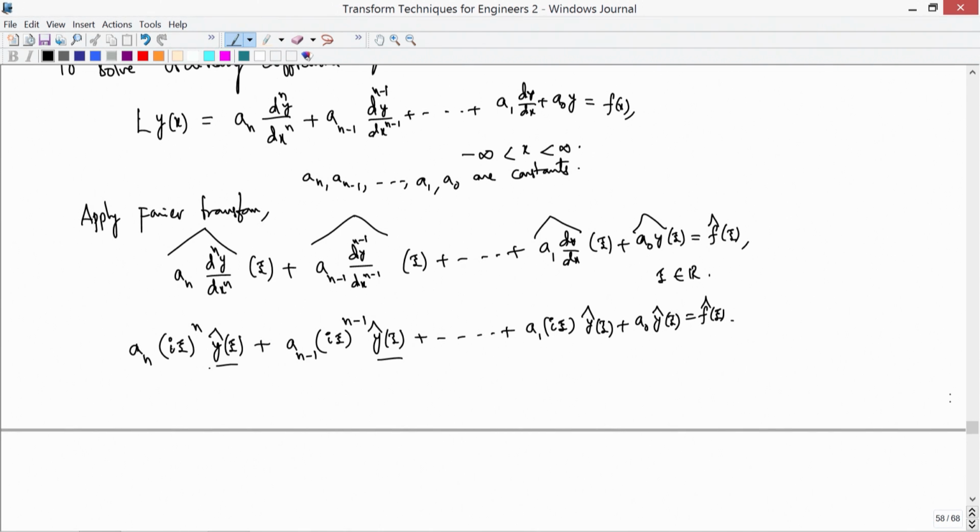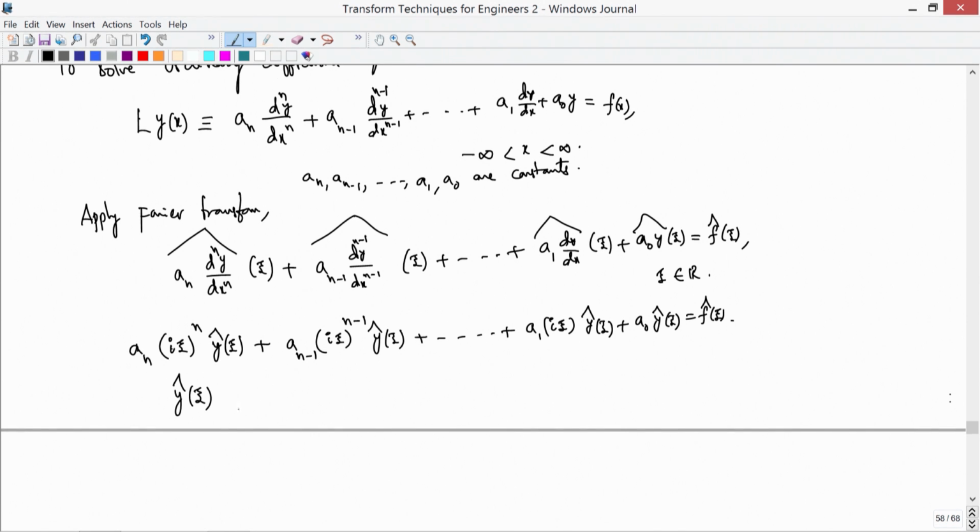So, y cap of xi is common, and what is this one? This is actually equal to, because of the way you have defined Ly, this. So, this is a polynomial, right. So, you cannot write it in terms of L, though L is some operator.